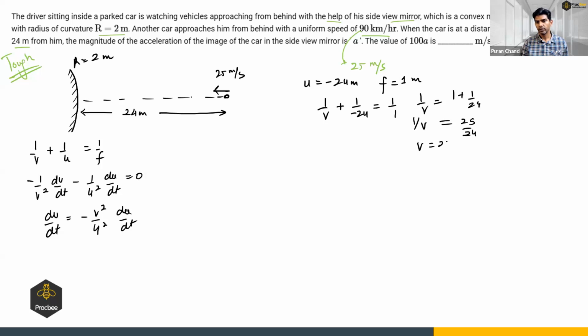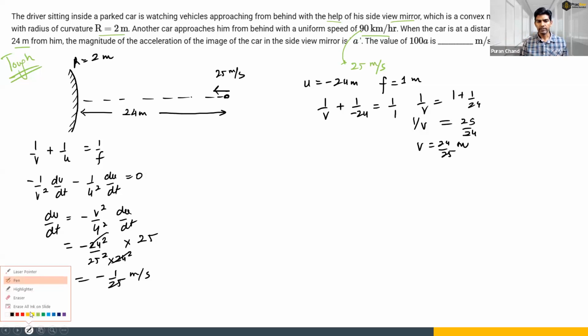So v comes out to be 24 by 25, right? So that is v. From this, dv by dt will be minus 24 square by 25 square times 24 square times 25. So that will give us minus 1 by 25 meters per second. The negative sign indicates that the image is moving in the opposite direction.